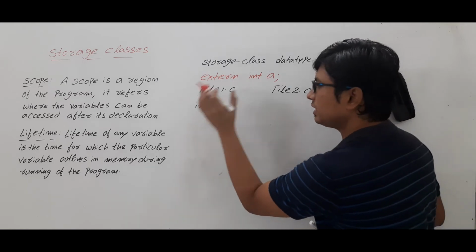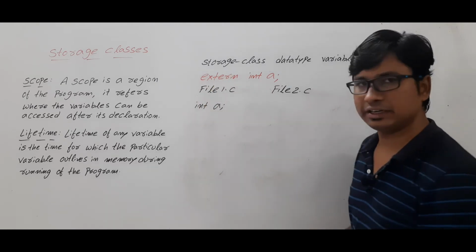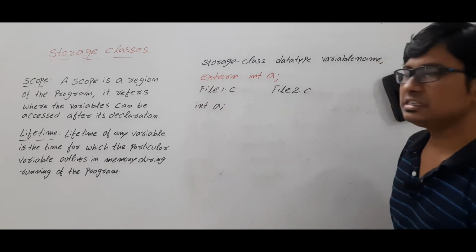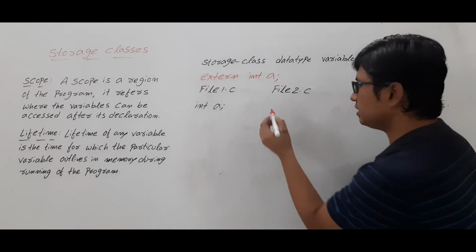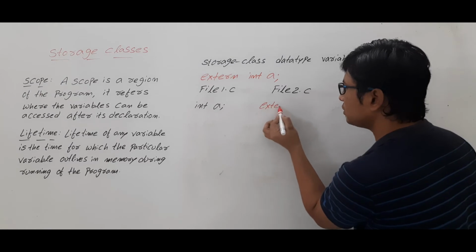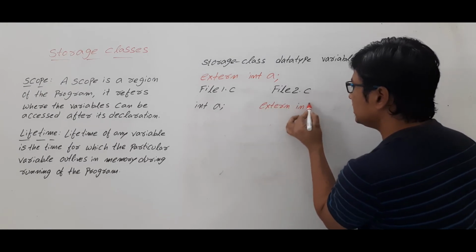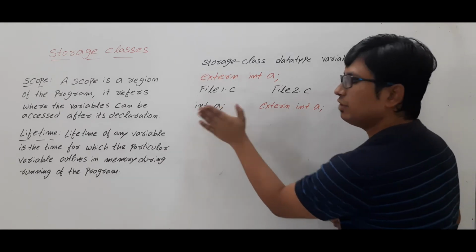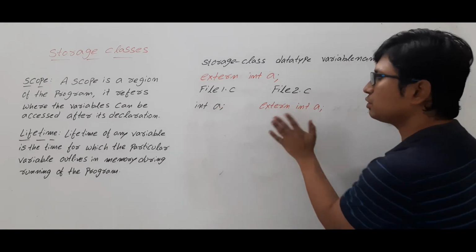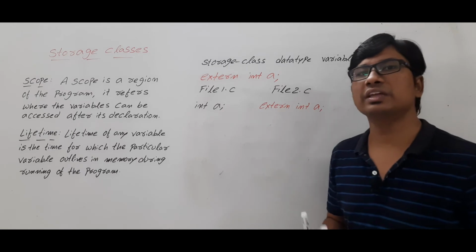Now you have declared this variable and defined it also. Now inside file2.c, if you want to access this variable, you have to write extern int a. Then you can use this variable a inside file2.c. So this is about external variables.